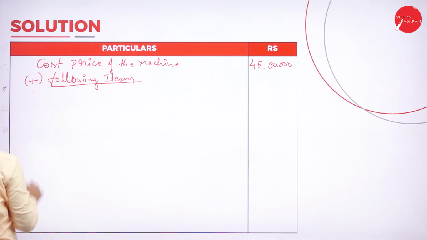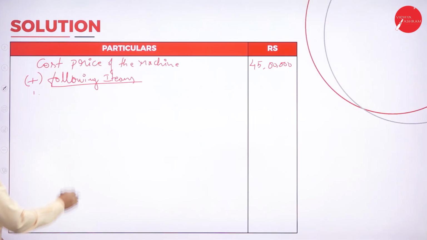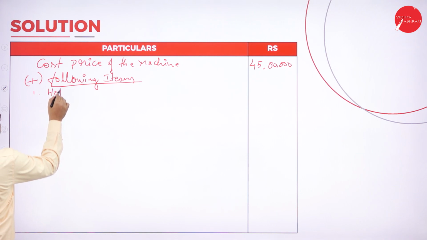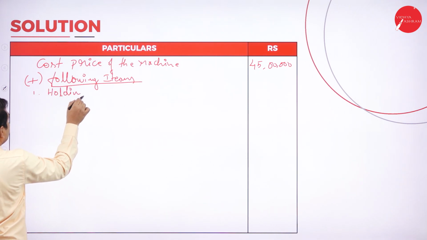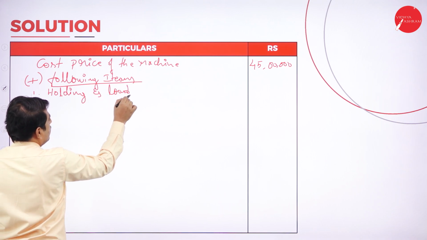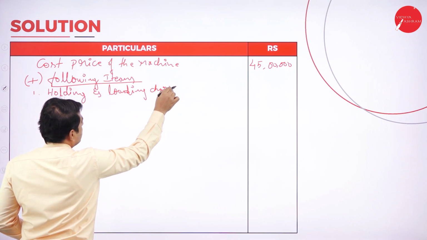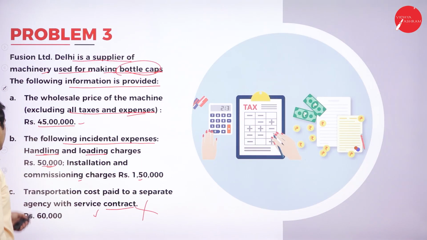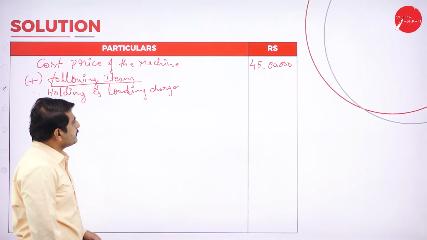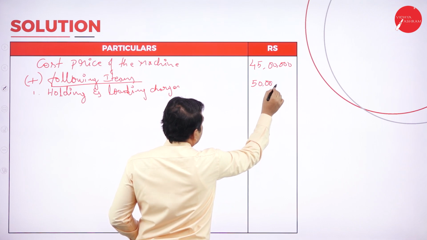Under that, first one, handling and loading charges. How much? It is 50,000. So right here 50,000.